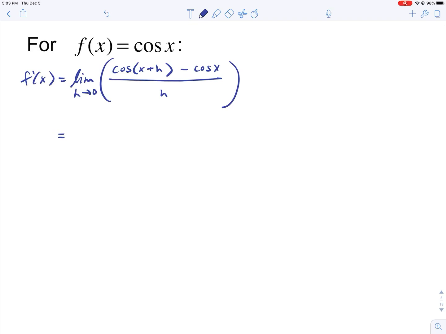And then using the angle sum identity for cosine, we get cosine of x times cosine of h minus sine of x times the sine of h, minus cosine of x.